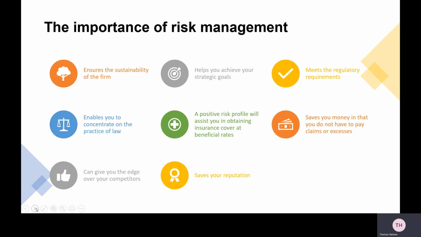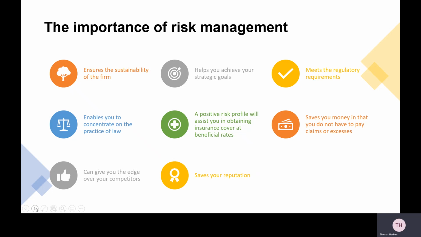Your strategic goals are not pursued in a vacuum. When you define your strategic goals for where you want to take your legal practice, you also need to consider what risks there are to your achievement of those goals. So if you have a process of risk management in place, that will assist you.